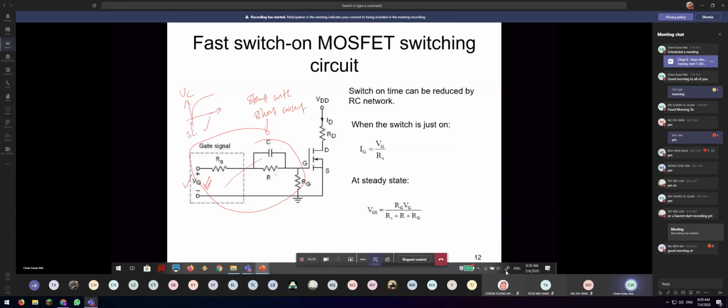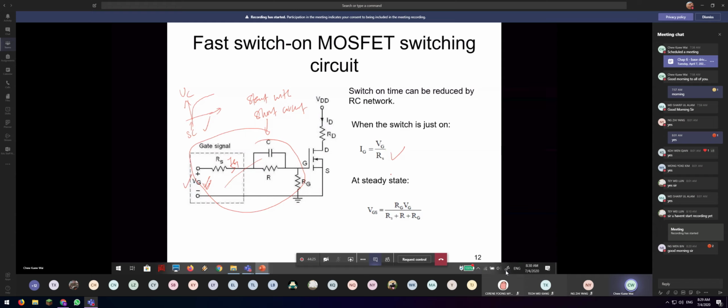So when you short circuit, your IG, the gate current, is only controlled by the gate voltage and the source resistance. So that's why you have the gate current like this at the beginning.